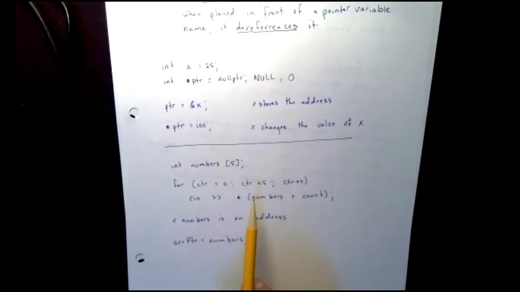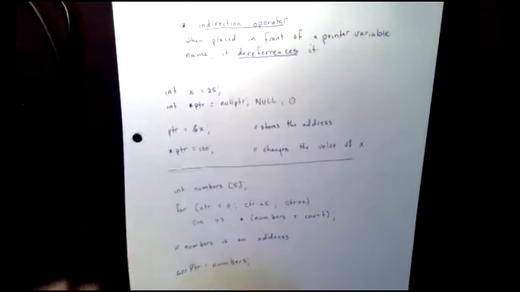We got a little unconventional: instead of doing numbers sub 0, sub 1, sub 2, I could go to the address, move over however many blocks of 4 bytes, and put the value there when I dereference it. And array pointer could be assigned the address of numbers. Any questions? We go with chapter 9. I'll take that as a yes.